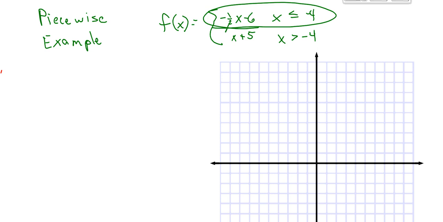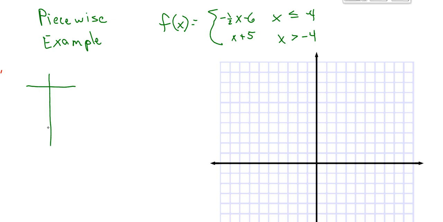The slope is negative 1/2. The y-intercept is negative 6. But we're just going to use points that are less than or equal to negative 4. So I'm going to go negative 4, maybe negative 5, negative 6, that'll be a good value.